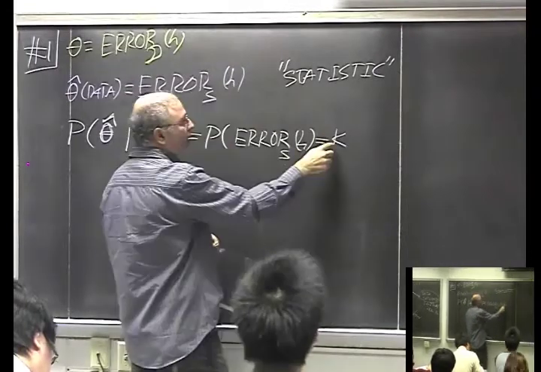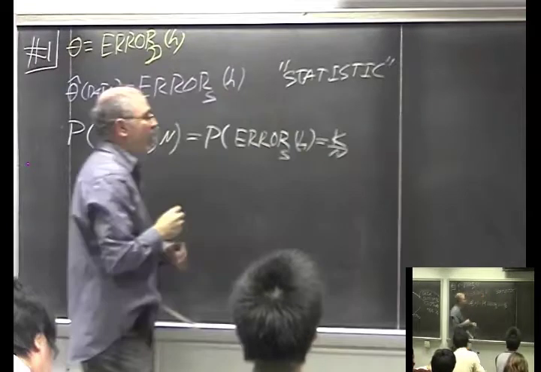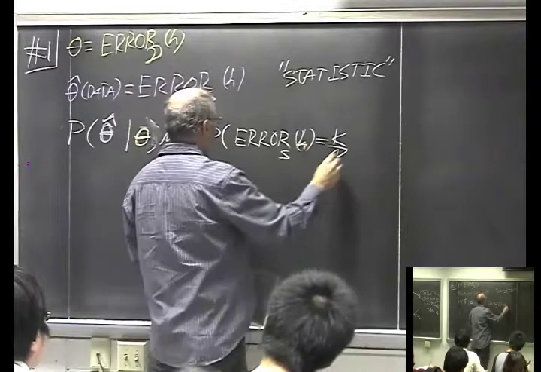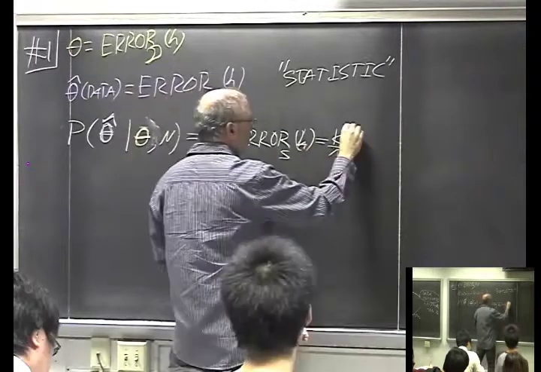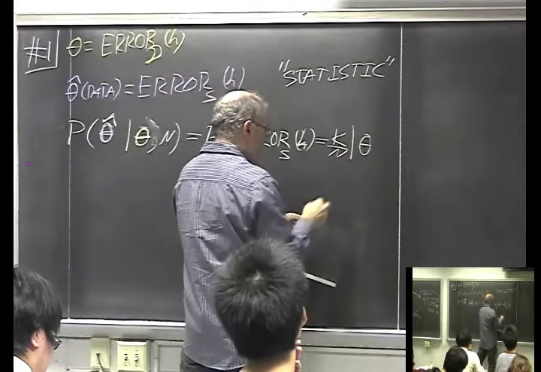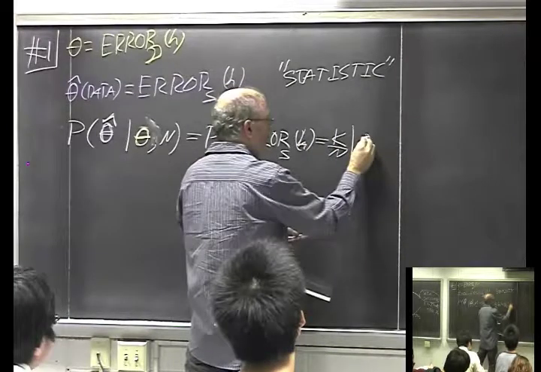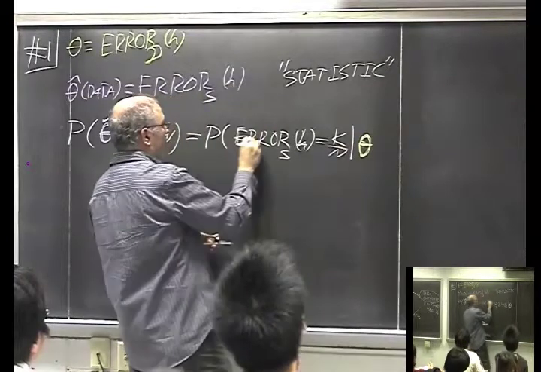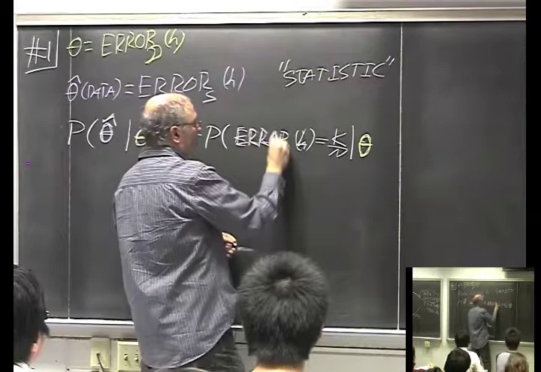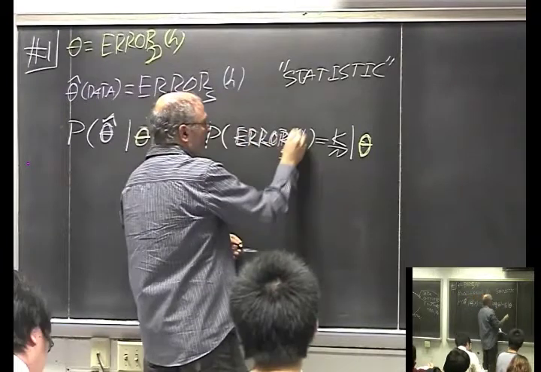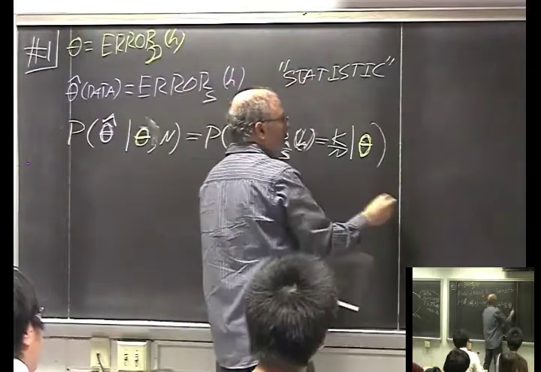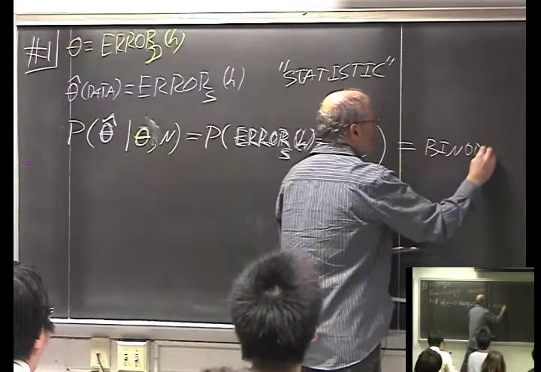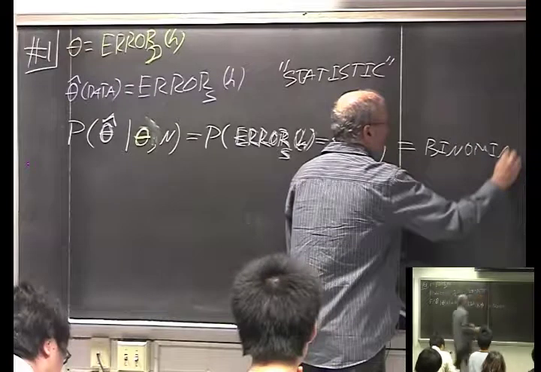So it could be either k over n like this, or if we define it as just a number of errors, given the true parameter, is the binomial. I'm not going to reproduce it here.